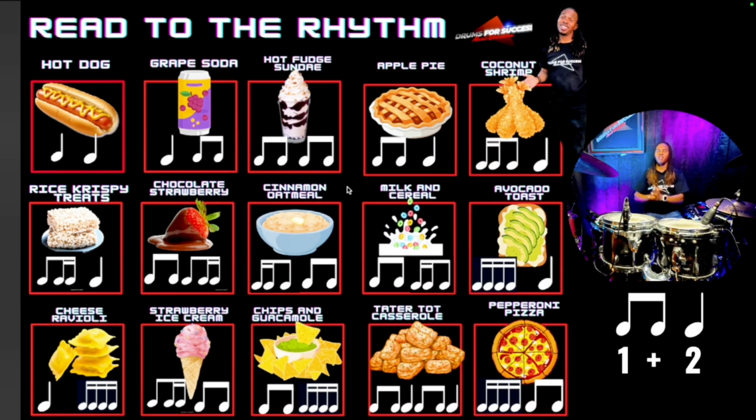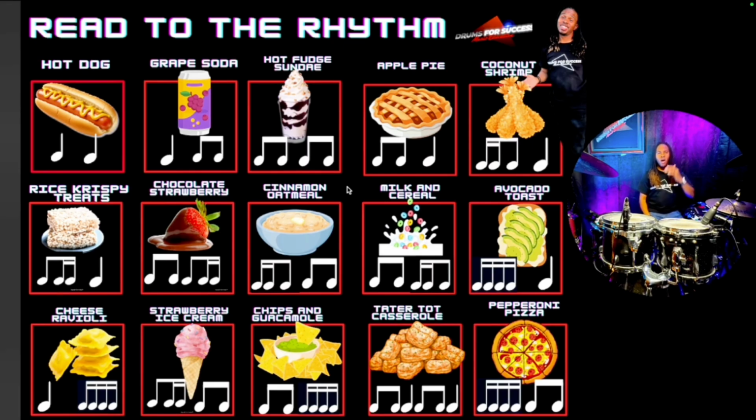Or if it was in the second half of the measure, 3 and 4, 3 and 4. Literally, same rhythm. It sounds exactly the same. We're just putting these number mechanisms to it. So we got apple pie, we got our eighth notes.